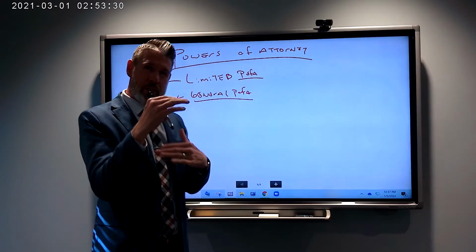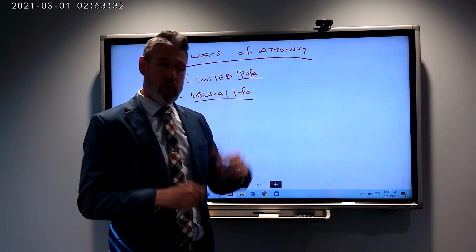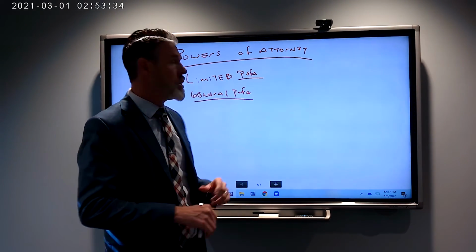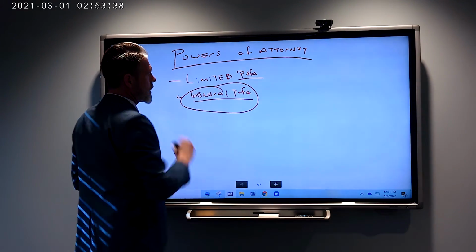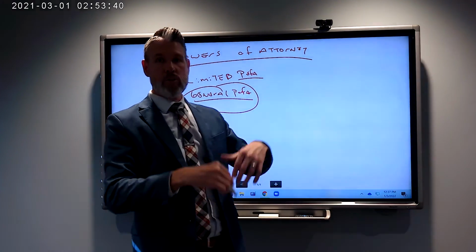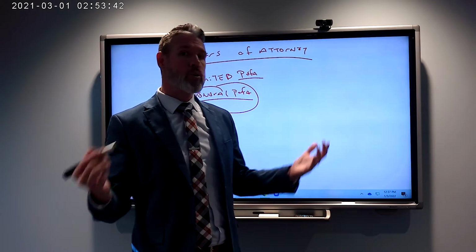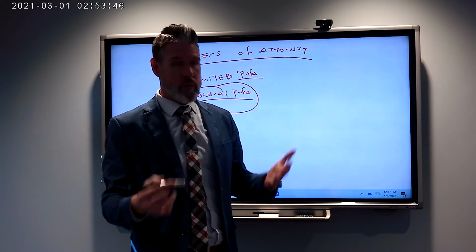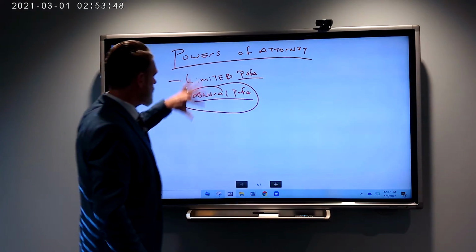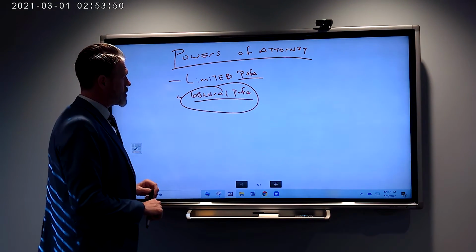Limited is just limited to that one certain item or a couple items that you want them to do. Most of the time as estate planning attorneys, we're just creating a general power of attorney for you that gives your agent the ability to do everything you could do if you still had the ability to do all of those things. So that's the difference between limited and general.